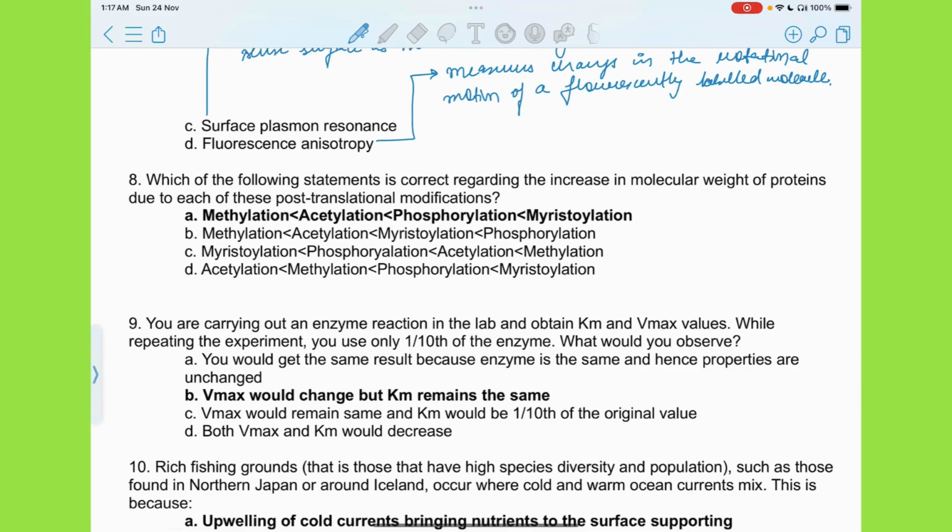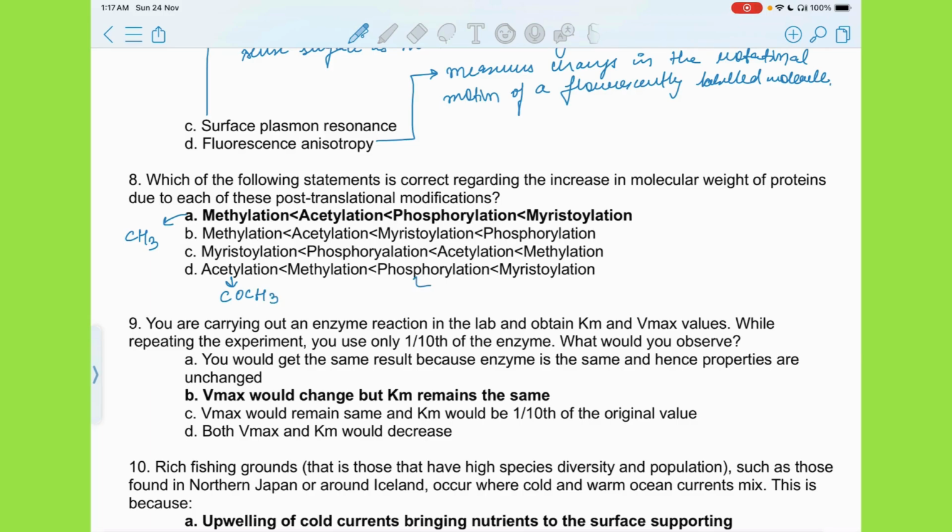Moving to the next question: which of the following statements is correct regarding the increase in molecular weight of proteins due to each post-translational modification? It's quite simple. You just need to know which molecules are used in these different kinds of epigenetic modifications. For methylation, the group added will be CH3. For acetylation, it is COCH3.